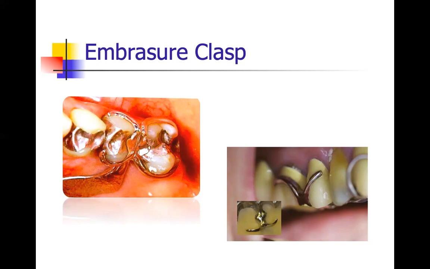Sufficient space must be provided between the abutment teeth in their occlusal third to make room for the common body of the embrasure clasp. Yet, the contact area should not be eliminated entirely. This is the contact area.